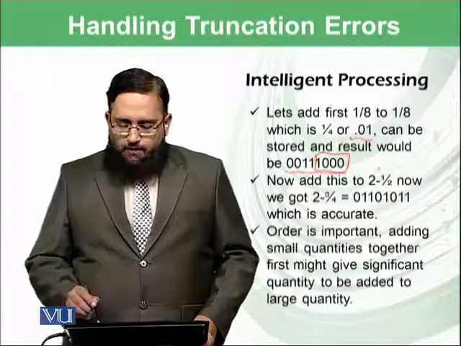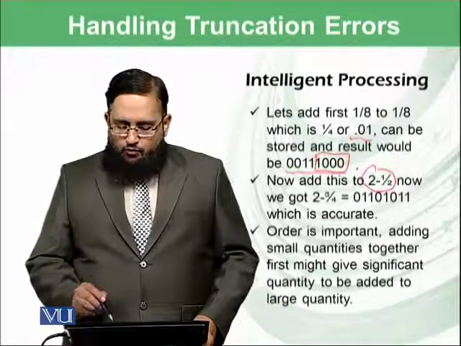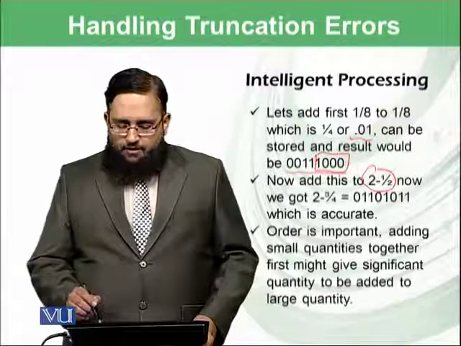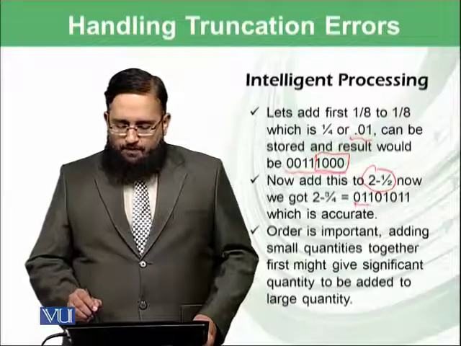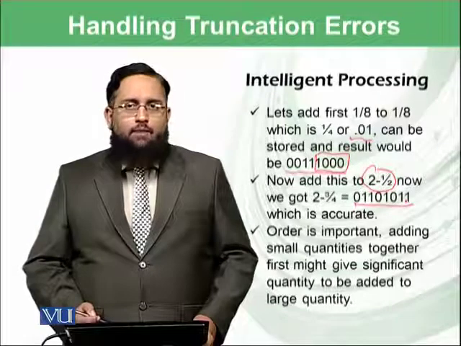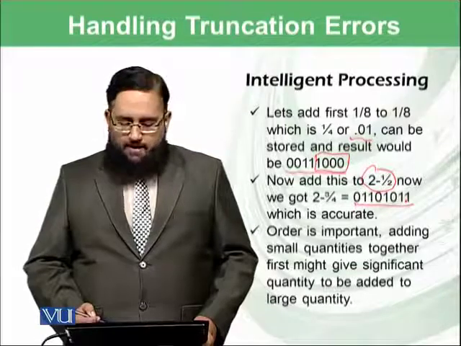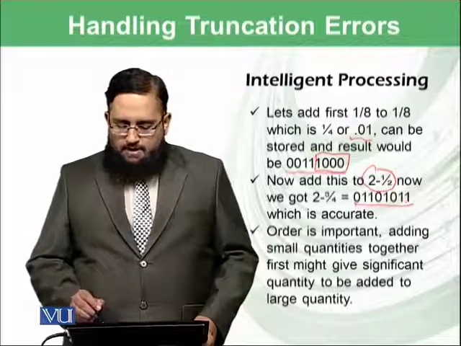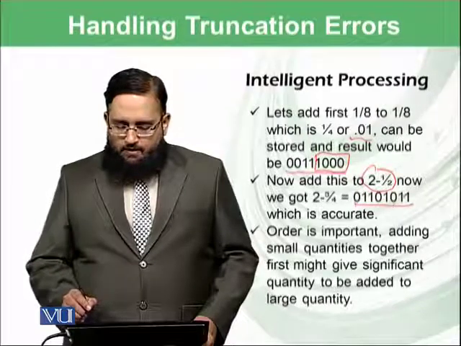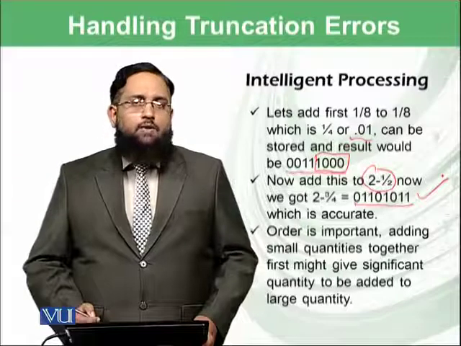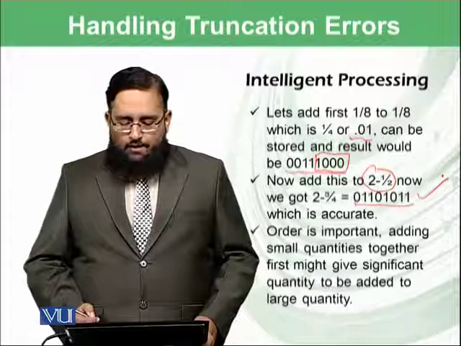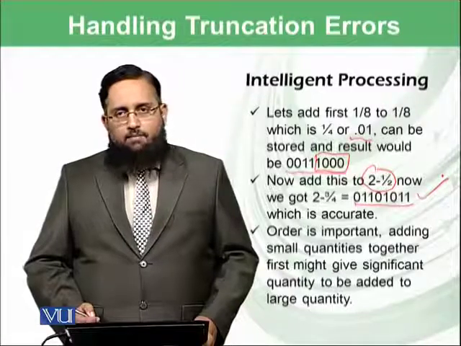Now if we add 2 whole 1 by 2 to the 1 by 4 that we have achieved, we are able to store it in the form of 2 whole and 3 by 4. So this number is 01101011. This is the right number, which accurately represents 1 by 2 plus 1 by 8 plus 1 by 8.